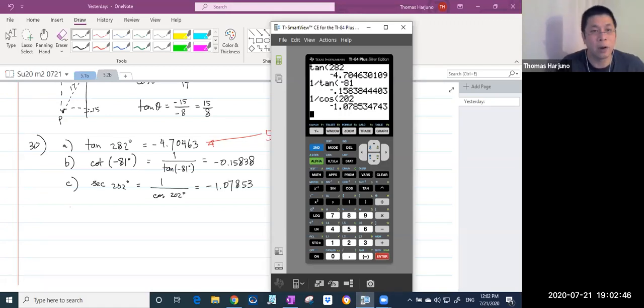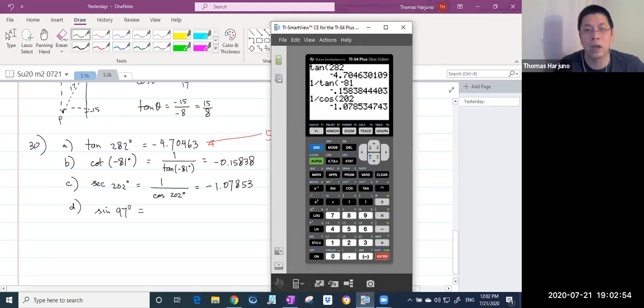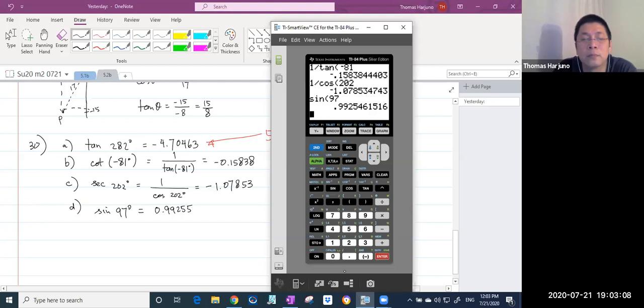Okay, now part D, that's easy, that's sine. So sine 97 degrees, just use the calculator right away: 0.99255. Now that's number 30.